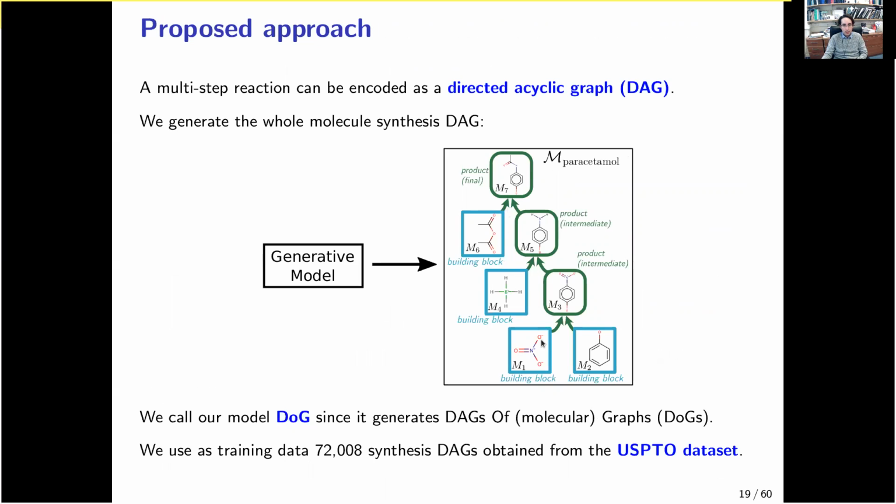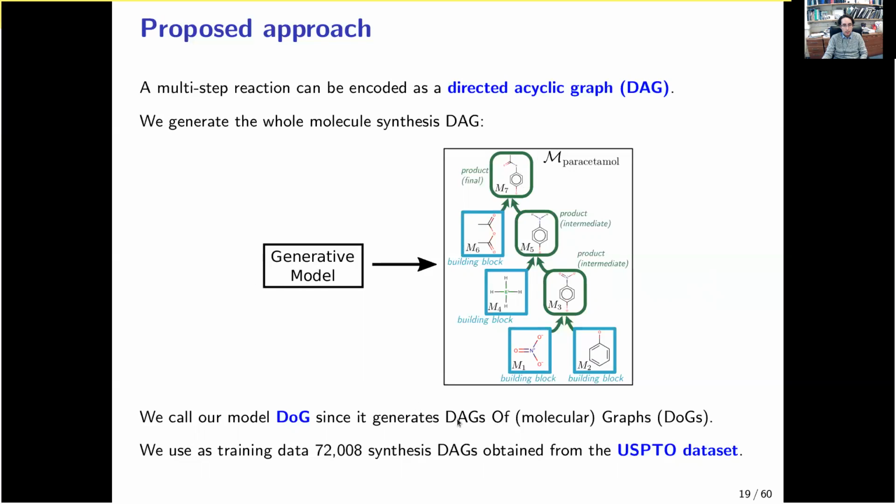We have a directed acyclic graph with some nodes that correspond to building blocks, or starting materials that are already available, and we have some intermediate product nodes that represent the intermediate steps of the chemical reaction. And at the end, we will have some final product. This shows the synthetic route for paracetamol, and we're going to describe this in terms of this directed acyclic graph. And we want our model to generate graphs of this type.